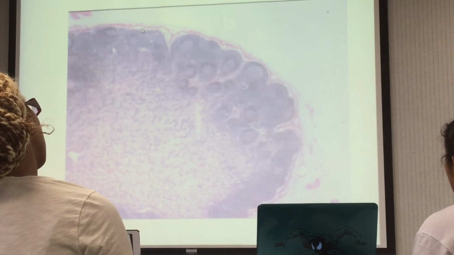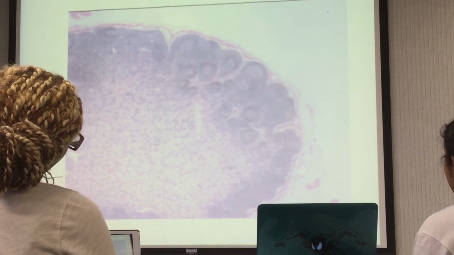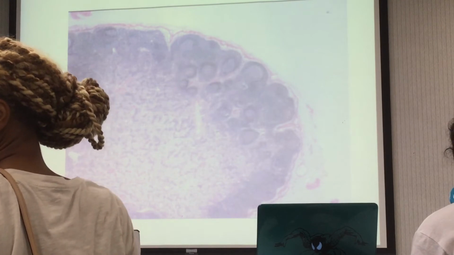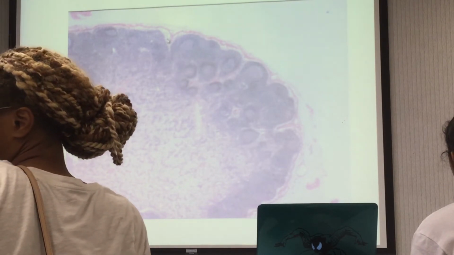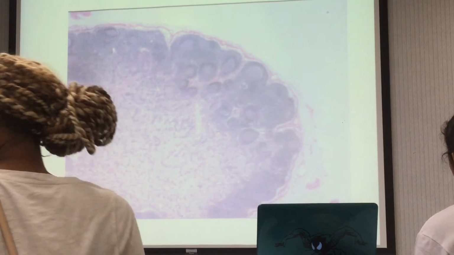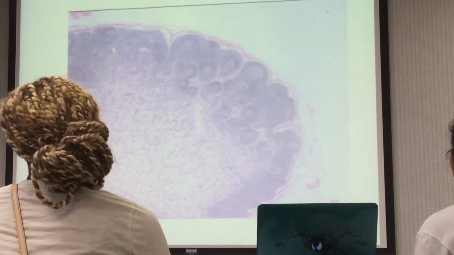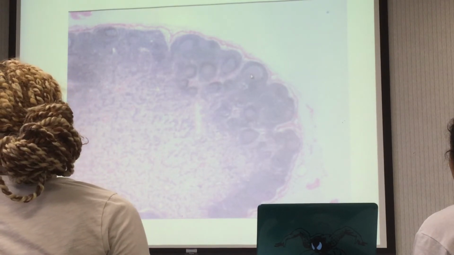The arrow is the ID. Capsule. Subcapsular, right? If I put the arrow here, what do you call that? Trabecular. It's the subtrabecular space.